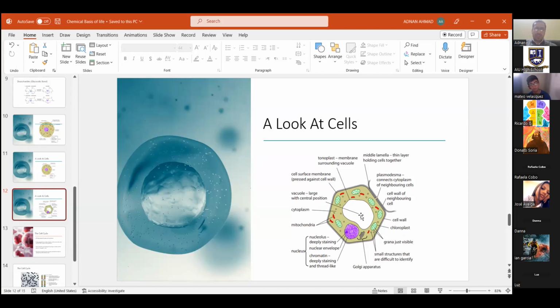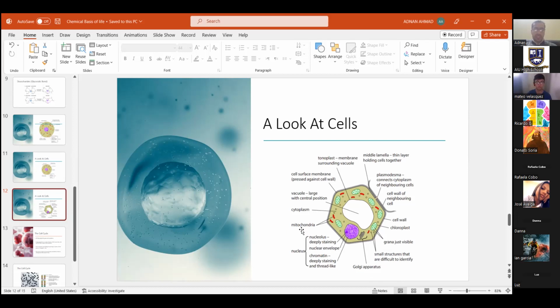This is just a simple function of a vacuole, and it also stores the waste materials that are produced within plants after carrying out all the reactions of producing oxygen and taking in carbon dioxide from the environment. So waste products are also produced during these reactions, and they get accumulated in the vacuole.